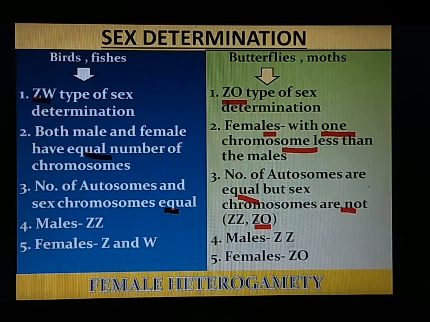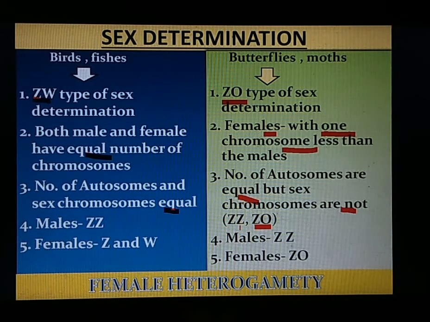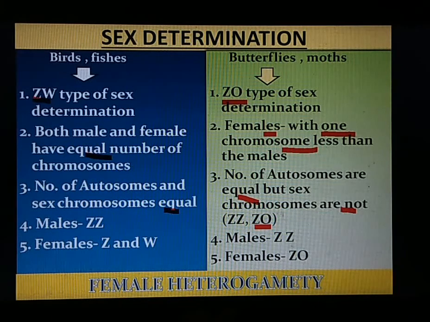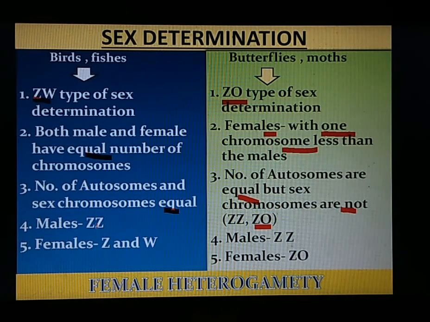One unique feature of both these types is that males have equal number of chromosomes and will form similar types of gametes, since the sex chromosomes are similar, ZZ.